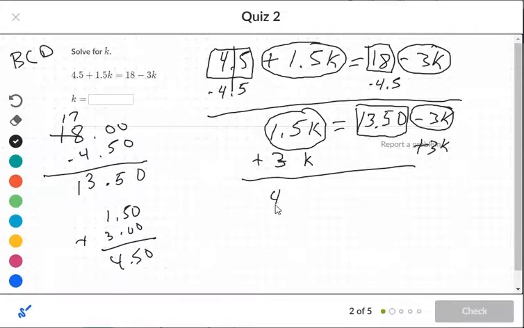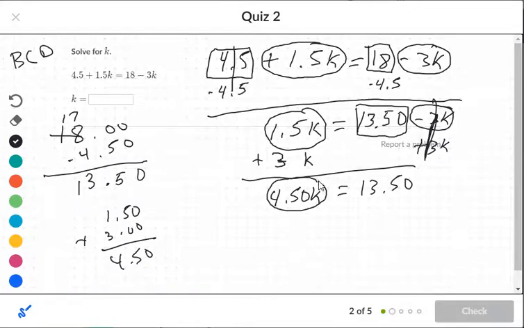You can think of this as 4.50k is equal to 13.50, and we can cross this out.